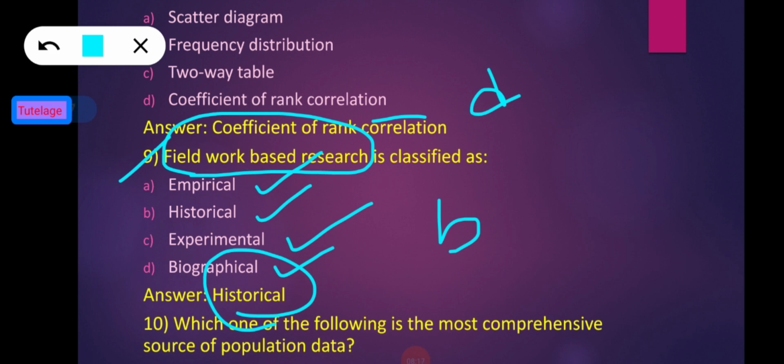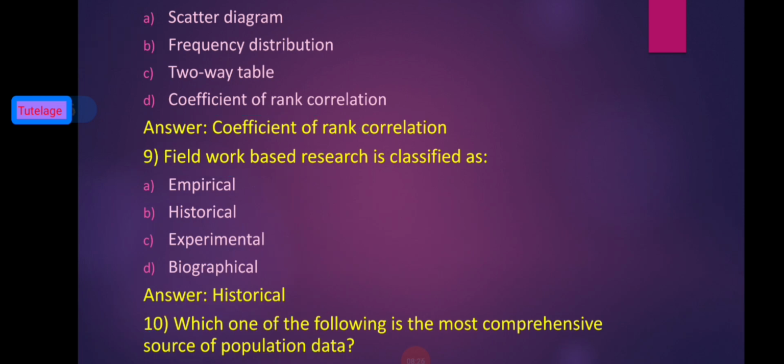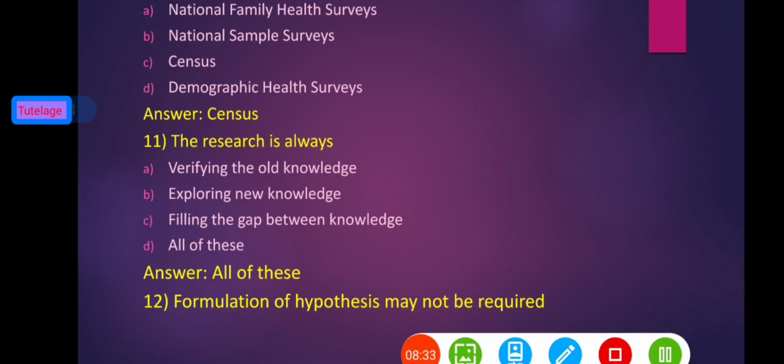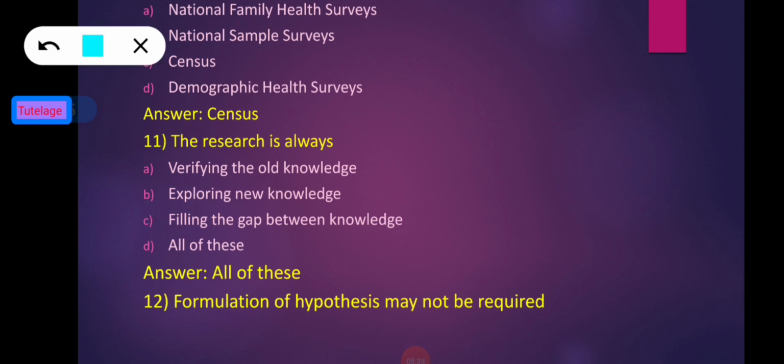So now move on to the 10th question. Which one of the following is the most comprehensive source of population data? Okay, so now move on to the options. The options are National Family Health Survey, NFHS.